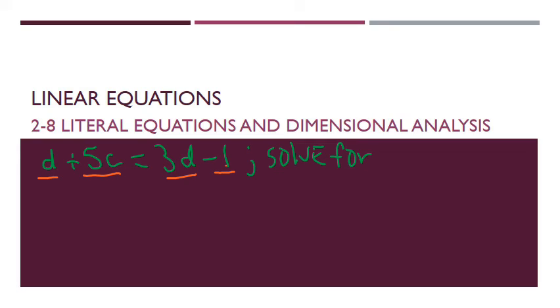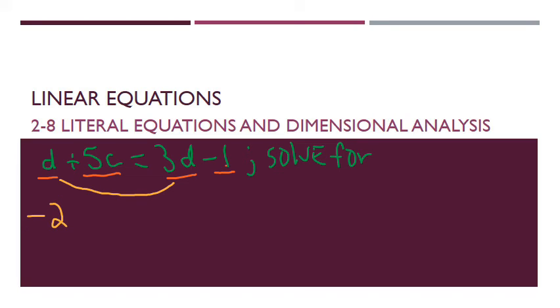So I need to get my D's, a variable with a D in it, all on one side. And so I'm going to subtract 3D from both sides. Get my D over here on my left-hand side of the equation. No specific reason, I could do it the other way.